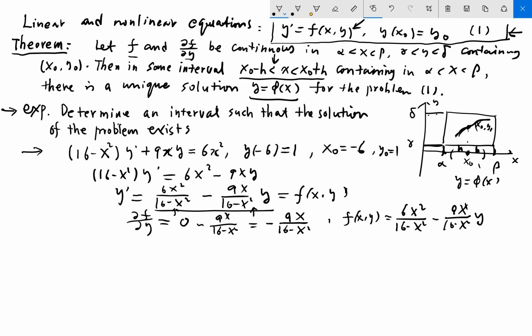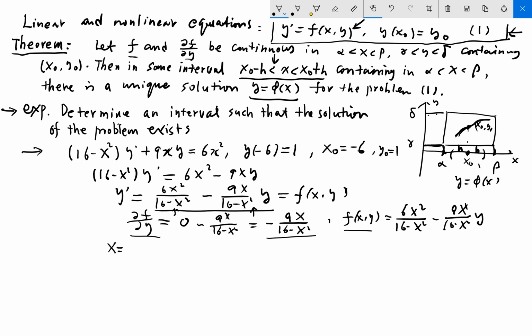We want to know where this function and that function are continuous. So let's look at the partial of f with respect to y first. This function is fine, continuous everywhere except where x makes your denominator equal to 0.